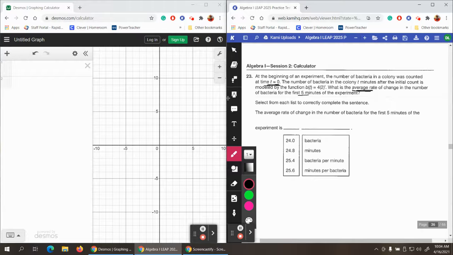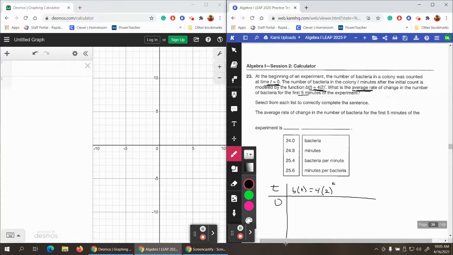Okay, so if this is my equation here, t starts with what? 0? So if t is 0, it says B of t equals 4 times 2 to the t power.